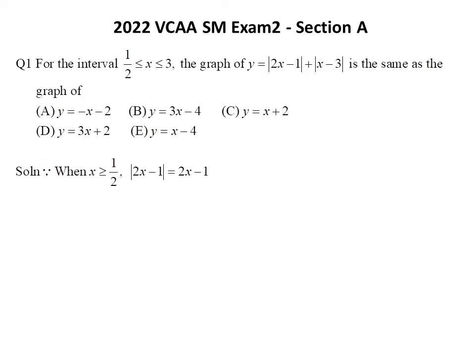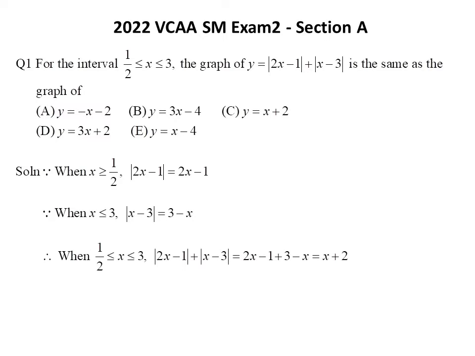As it can be seen, the modulus of 2x minus 1 is expressed as 2x minus 1 when x is greater than or equal to 1 over 2, and the modulus of x minus 3 is expressed as 3 minus x when x is less than or equal to 3.